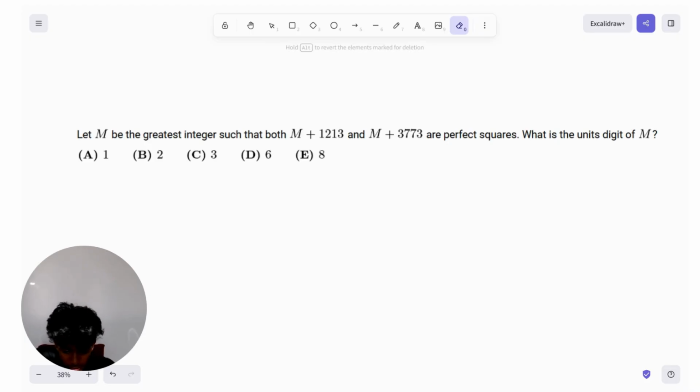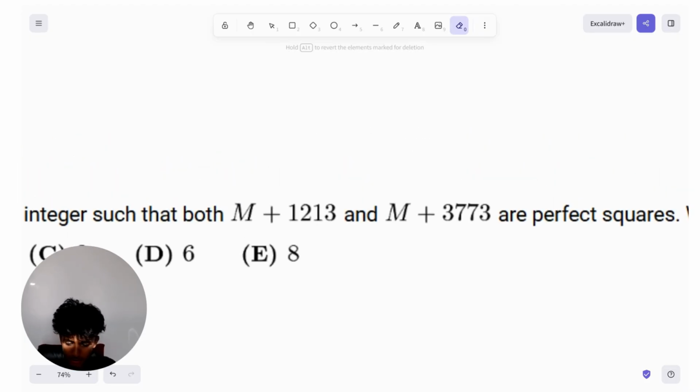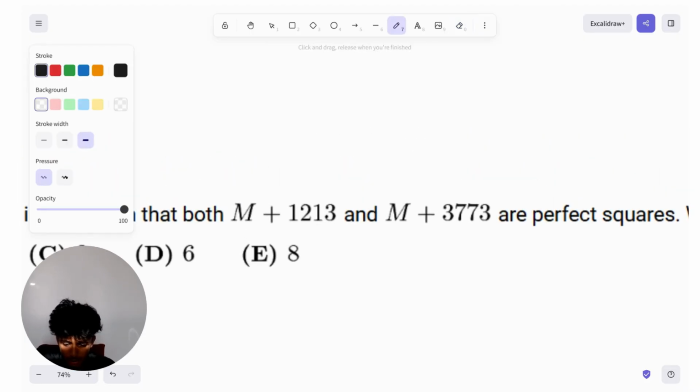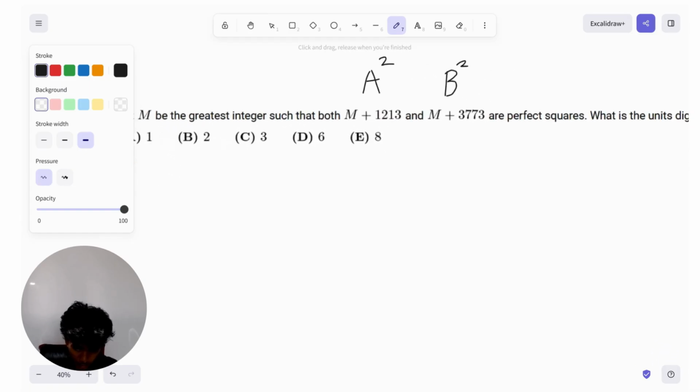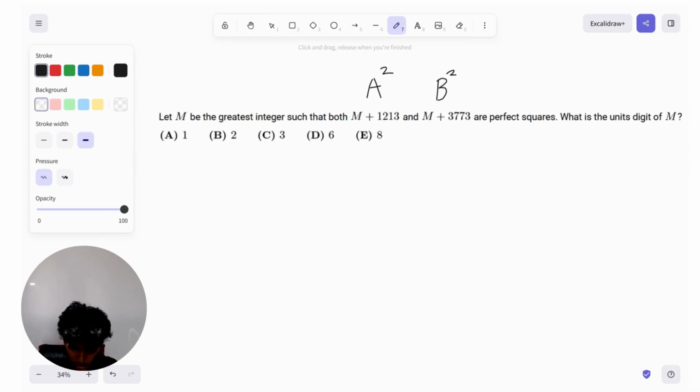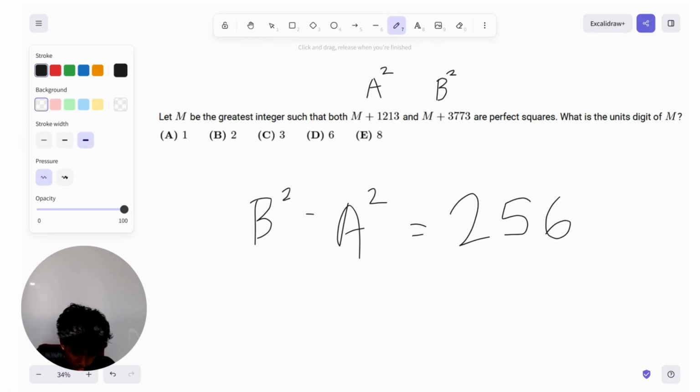So to solve this, let's assign these variables. Let's say that this first term is a squared and this second term is b squared. Well, through this, we can determine that b squared minus a squared is equal to 2560.